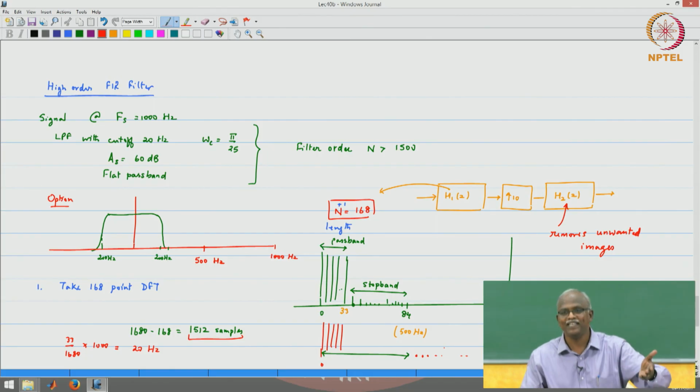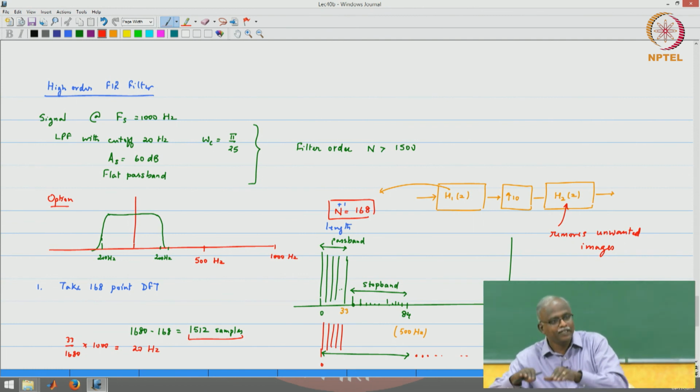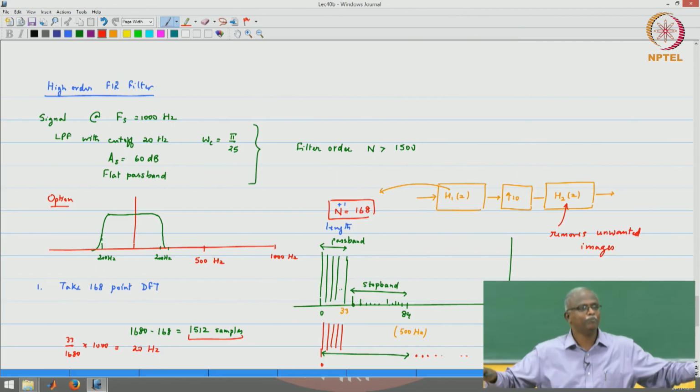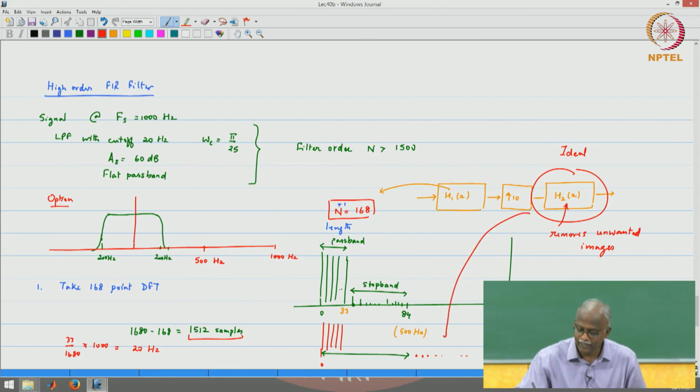It is the same as saying the copies came in when I inserted the zeros, but I interpolated with the ideal low pass filter. There is no trace of any small bump or anything, everything is perfectly 0. So this is effectively like interpolating with an ideal filter, and it didn't cost you anything.